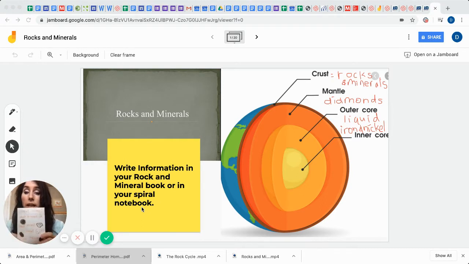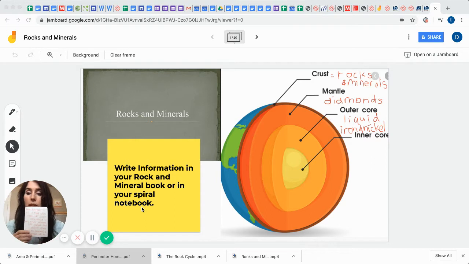So as we're learning about rocks and minerals, you can be creating this book or the other book. This book, you're going to write down some of your favorite igneous rocks that you've learned about. On this page, you're going to write down some of your favorite sedimentary rocks. And on this page, you're going to write down your favorite metamorphic rocks and then summarize what did you like best about your study of rocks and minerals, just right here on the back.